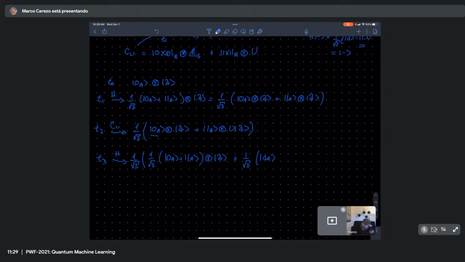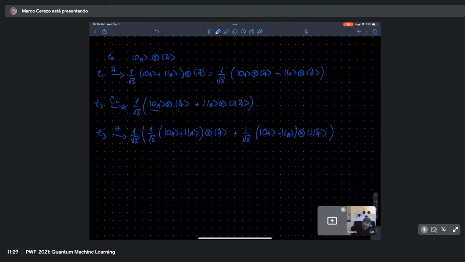So it maps us to 0 on A minus 1 on A, tensor U psi, right? We can just take this equation and try to reorder it a little bit. First, we're going to get a factor 1/2 at the beginning, and then let's try to pull the 0 states of the ancilla as a common factor, right?